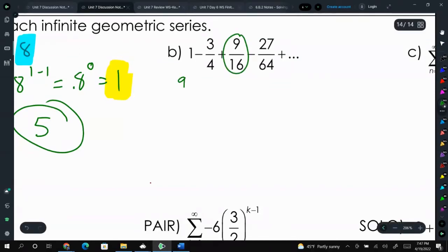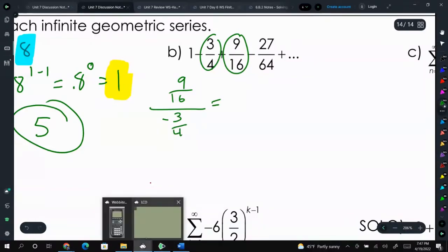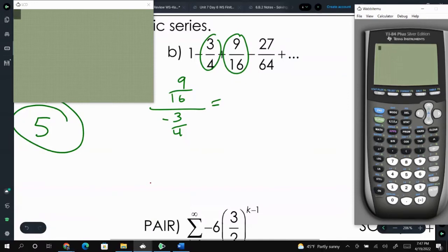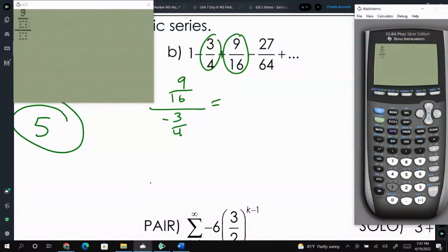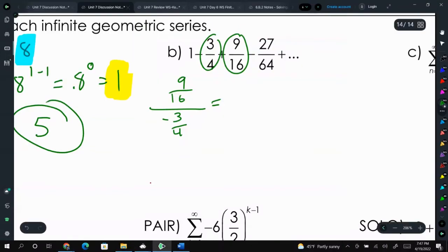So I'm going to divide 9 over 16 by negative 3 over 4. So in the calculator, 9 over 16 over negative 3 over 4. So the R value is negative 3 over 4.